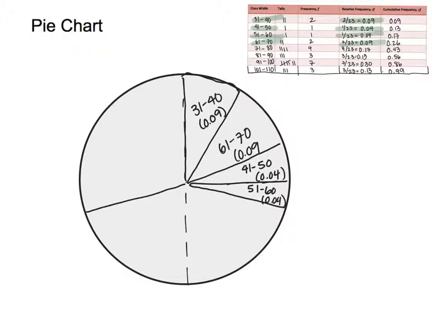All right, so this designated piece is going to be for the 91 to 100, about 30%. Okay, so that means that this piece here is now only 25%, and so is this piece. It's about 25%.